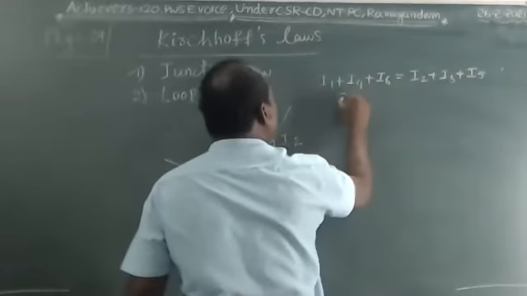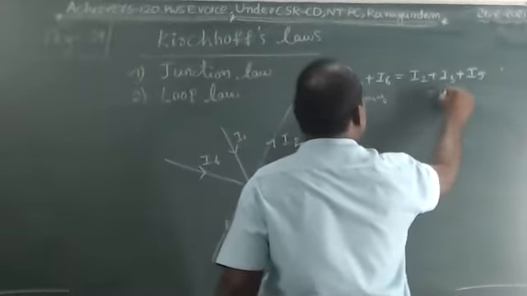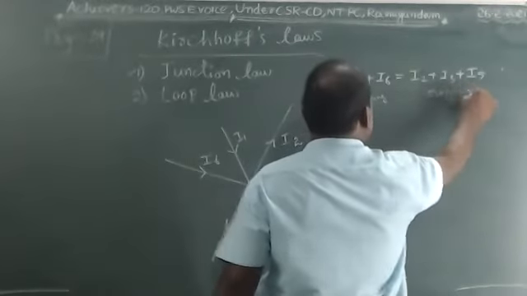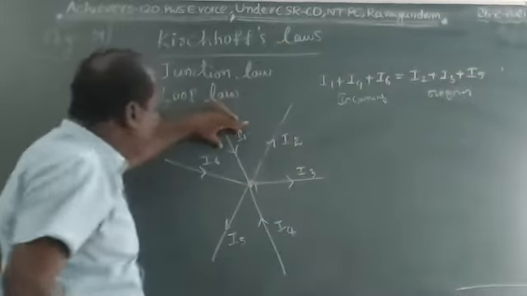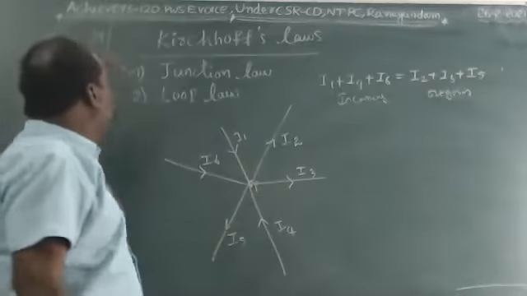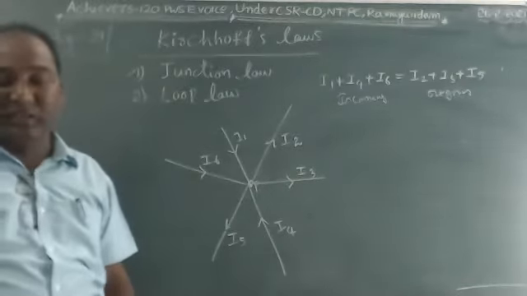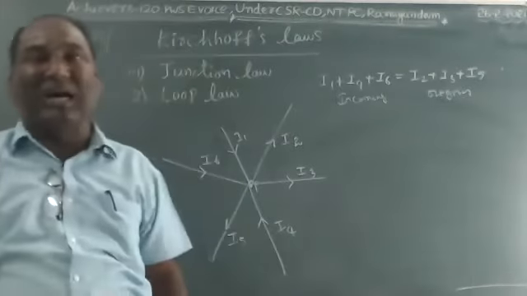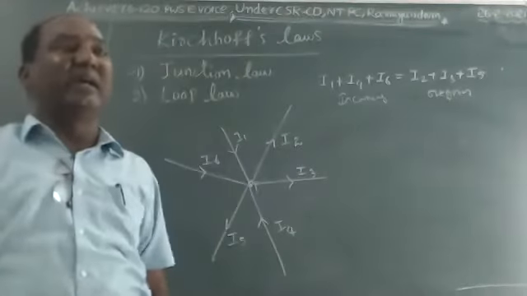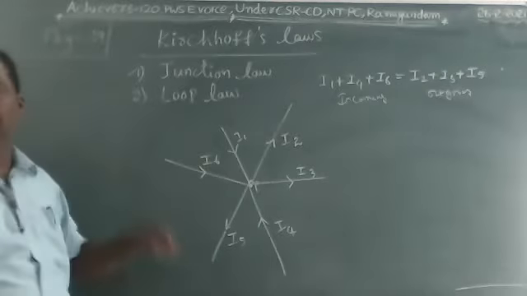These are the incoming currents, and these are the outgoing currents. The sum of incoming current towards the junction is equal to the outgoing current leaving from the junction. This is called the junction law. This law is based on conservation of charge. So this is about the junction law.